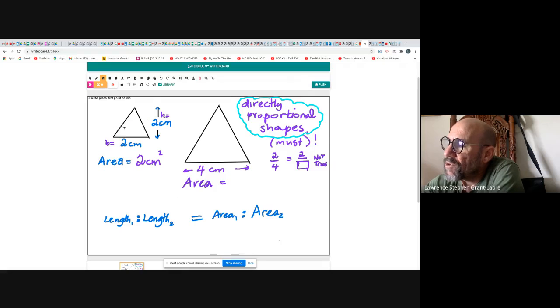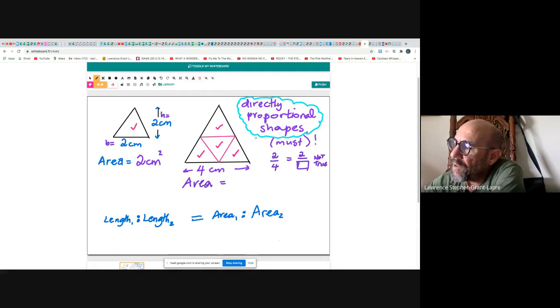Let's take this triangle here and have a look at where I can draw that. There's that triangle there. You can see that this triangle here is that triangle there. I tried to make this as accurate as I can, but now you can see that in fact there are 4 areas that fit in here.